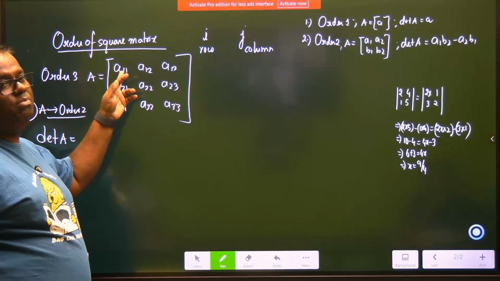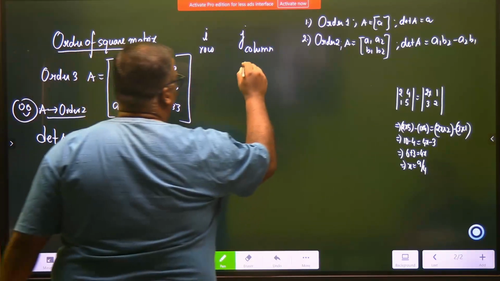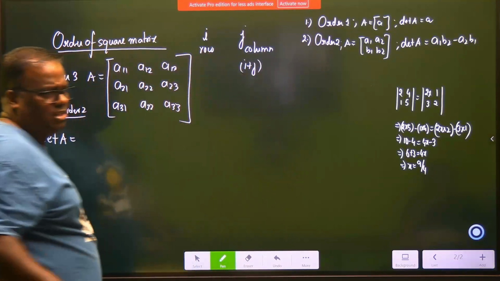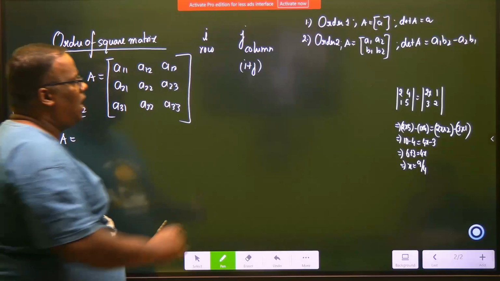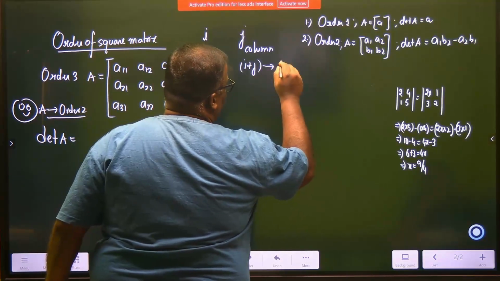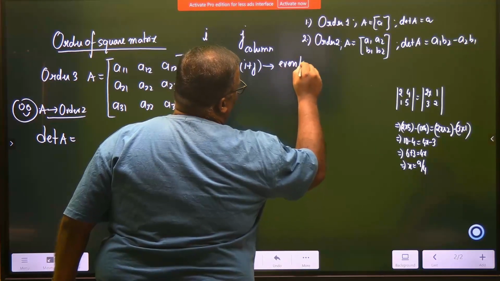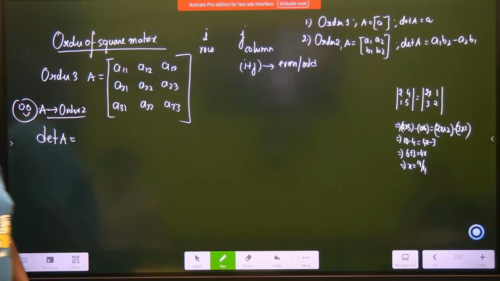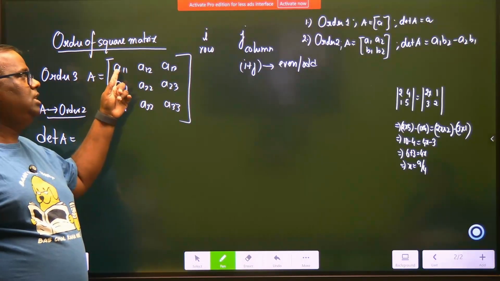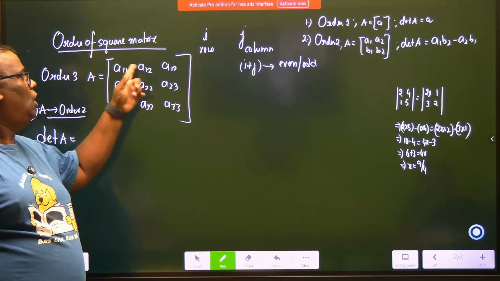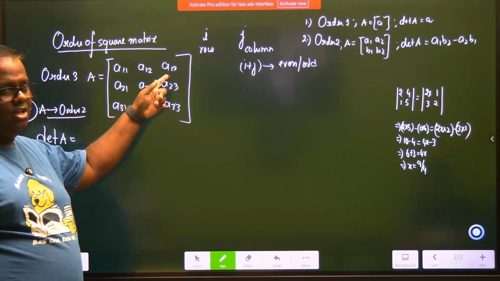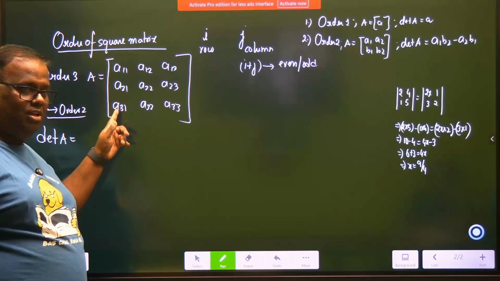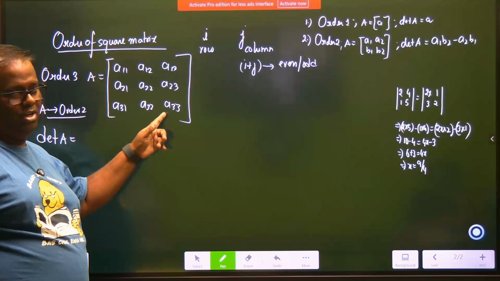What is i plus j? Try to calculate the i plus j value for every element. When you calculate i plus j, just have two things in mind, whether it is even or odd. Nobody is interested in the value. Here it will be even, odd, even, odd, even, odd, even, odd, even.